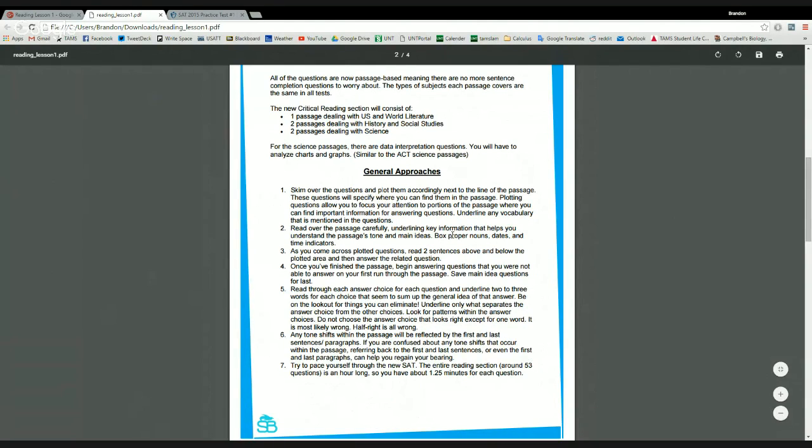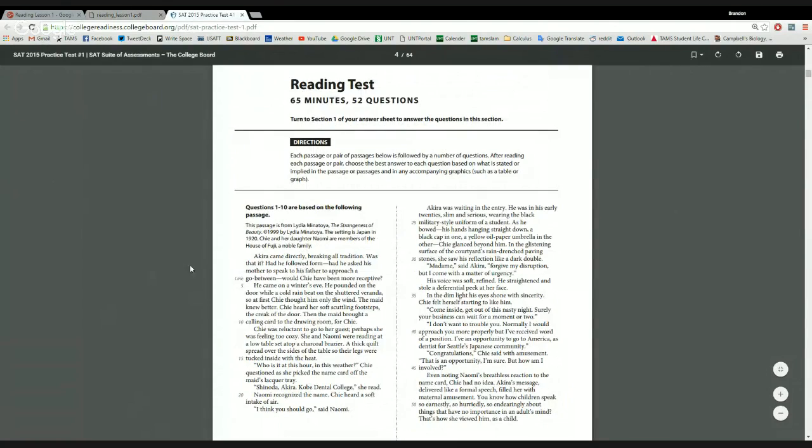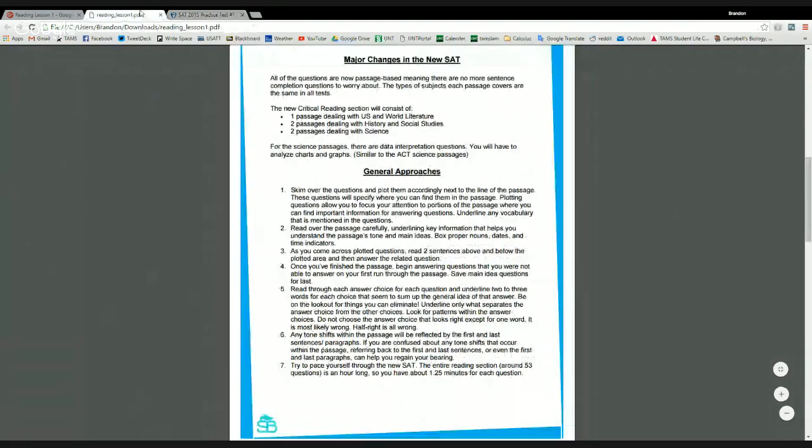And you want to box proper nouns, dates, and time indicators. So when you read over the passage, make sure that if you see anything important, such as a name, you mark it. Also keep in mind you should read the first little paragraph here, as it gives a little context on what the passage is about.